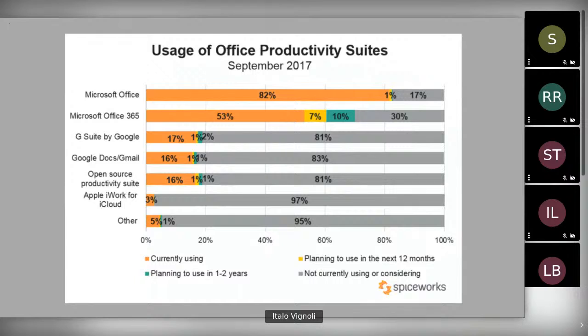And this is one of the reasons why Microsoft wants LibreOffice to be in their next generation of Windows Store, which will be announced soon, and it's going to be the Windows 11 store.